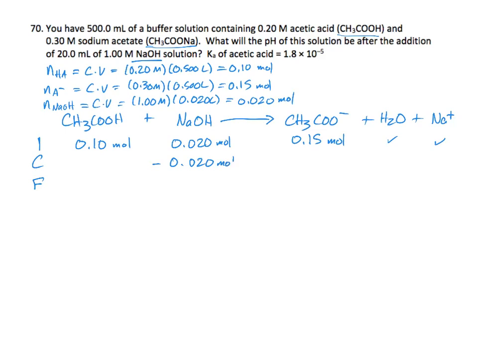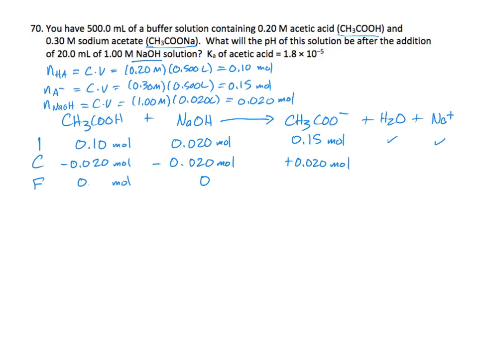0.020 moles. The acid will go down by the same amount, and our conjugate base will go up by that amount. So the final amount here is going to be 0.08 moles. 0 for NaOH, it's completely neutralized.